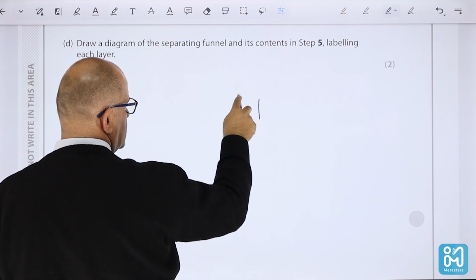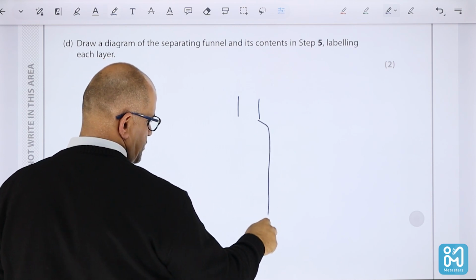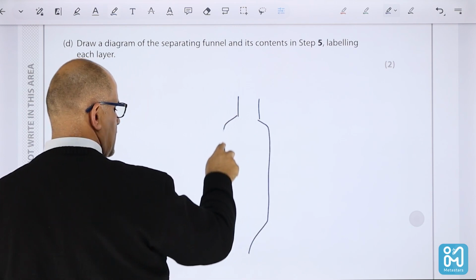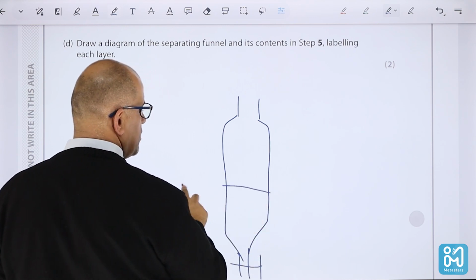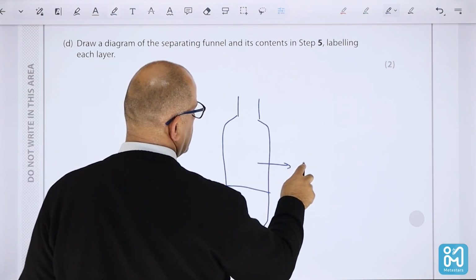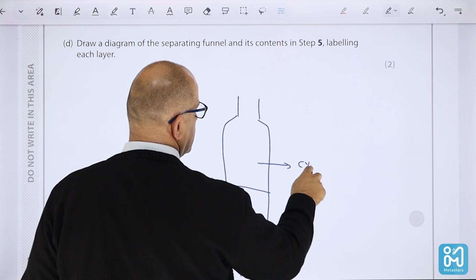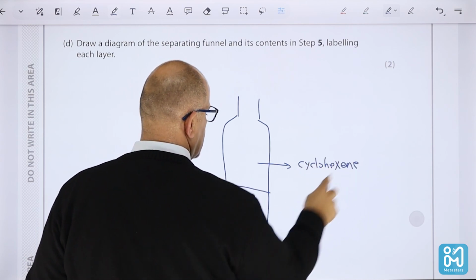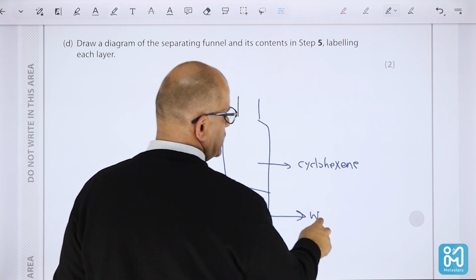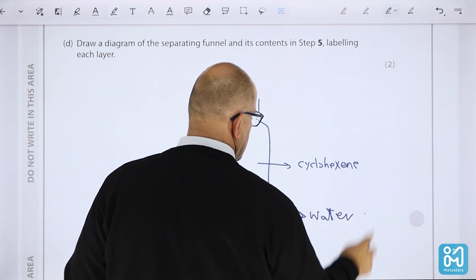So this is the shape of the separating funnel. It will be like that. And that's the tap. And here you have cyclohexene, and this is water, or the aqueous layer.